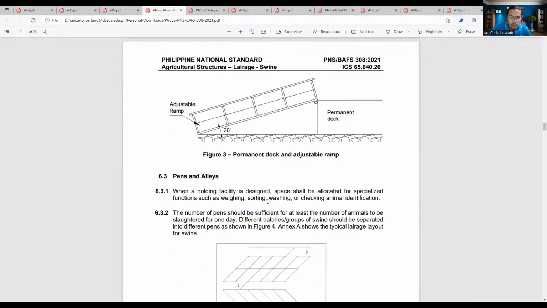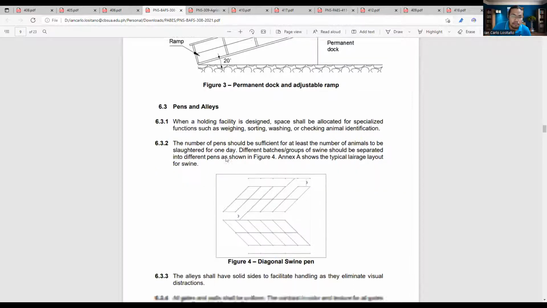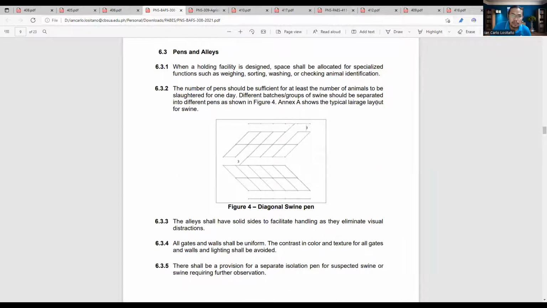When a holding facility is designed, space shall be allocated for specialized functions such as weighing, sorting, washing, or checking animal identification. The number of pens should be sufficient for at least the number of animals to be slaughtered for one day, or for those that are delivered at a time. Different batches or groups of swine should be separated into different pens as shown. Here the animals are deemed to be fit for slaughter.